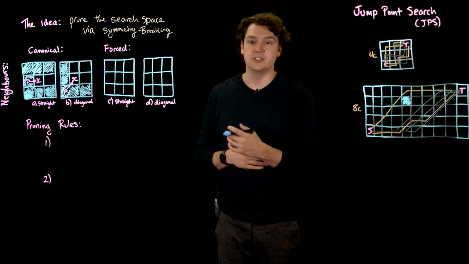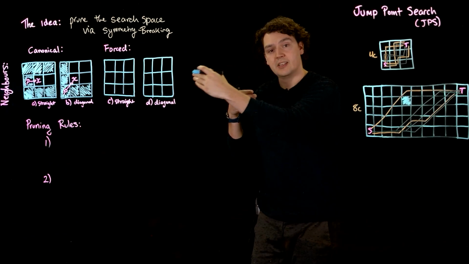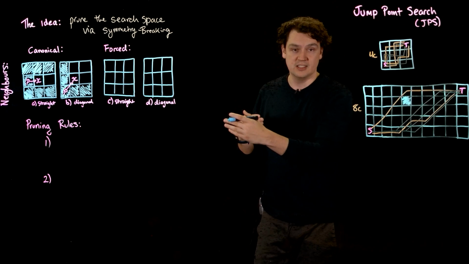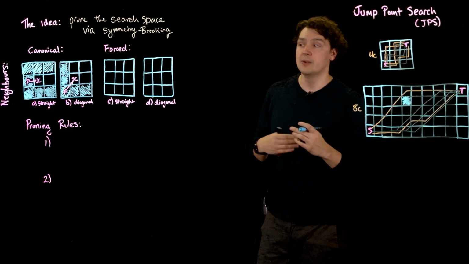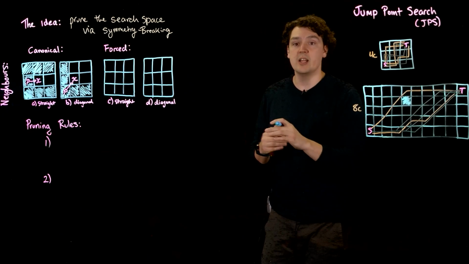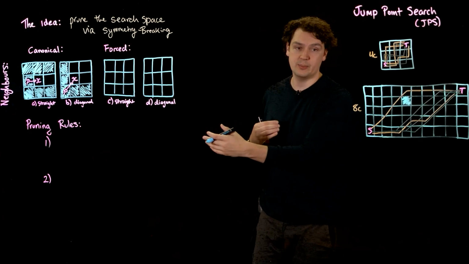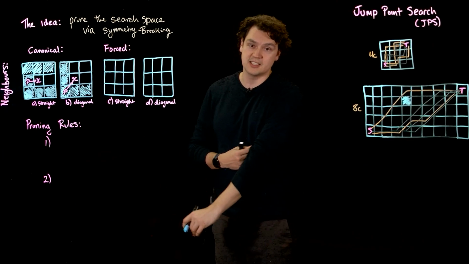This is where the terminology comes in of jumping, okay? So we are going to be able to jump in a straight line some distance until an interesting point, or we reach the edge of the map, we discover that there was nothing interesting in this direction, and we get to throw away, prune that entire path, that entire topology. This is where it starts to get exciting.